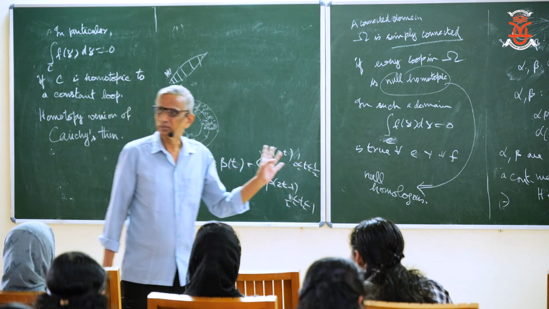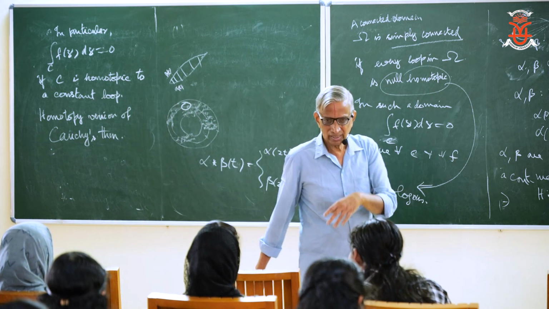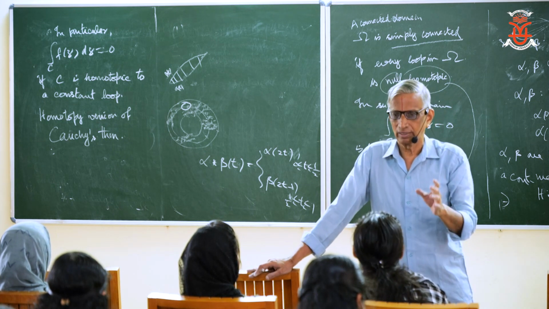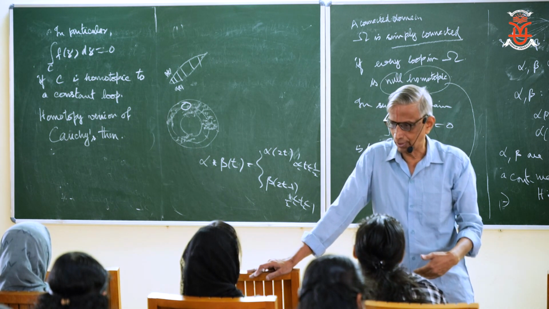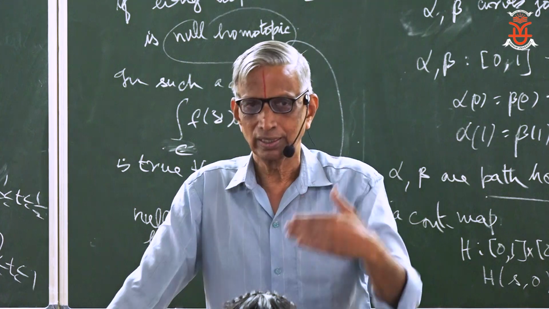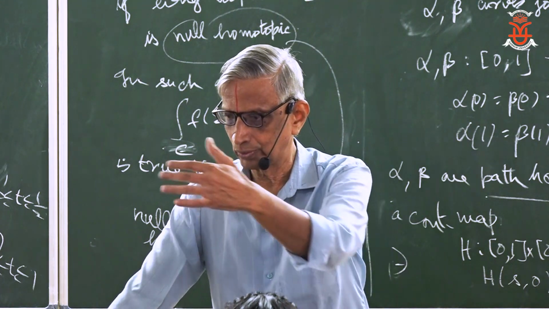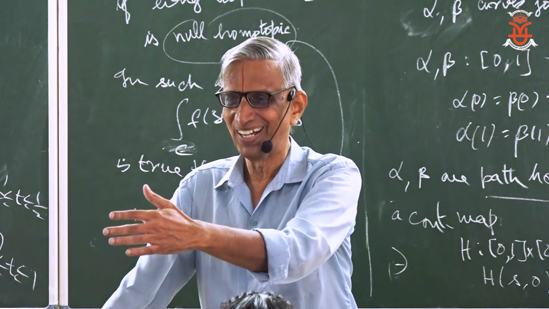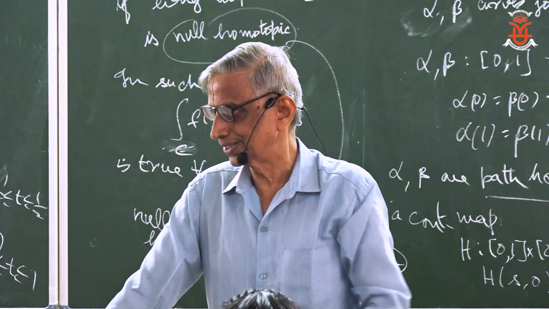And this equivalence relation respects these products. That means if alpha is homotopic to alpha 1 and beta is homotopic to beta 1, then alpha star beta is homotopic to alpha 1 star beta 1, and so on.